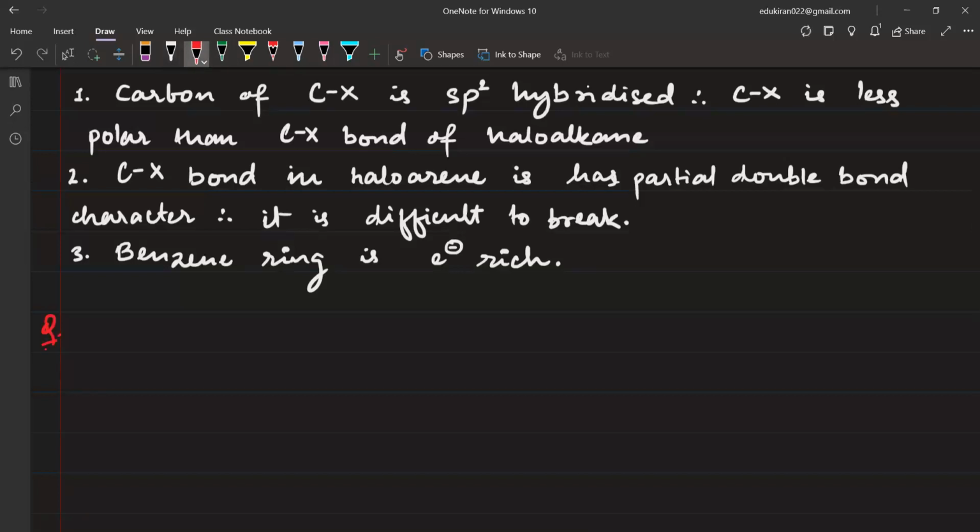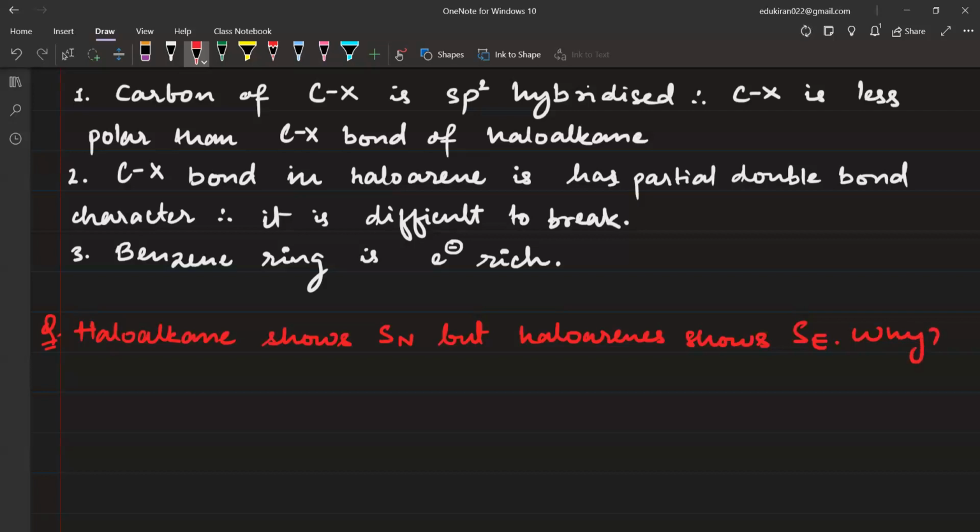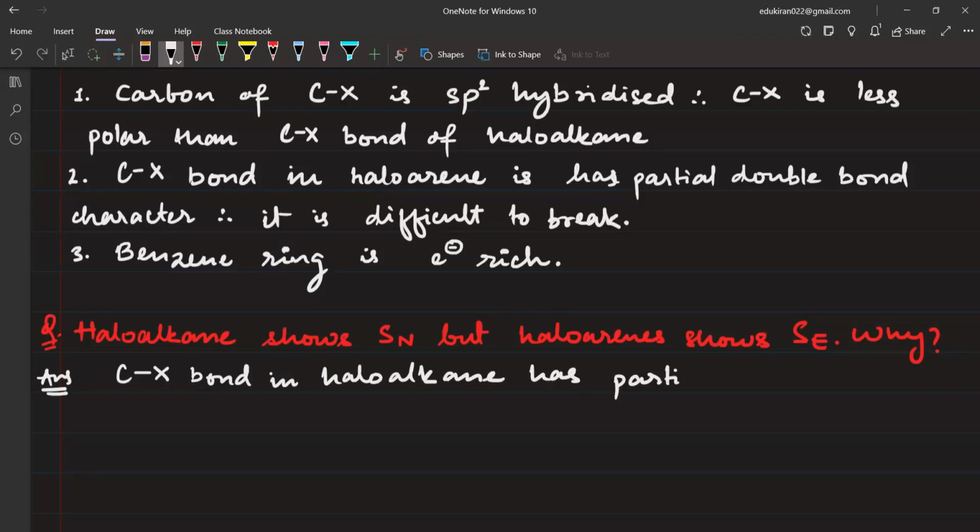There is a question that can be framed from these things: haloalkane shows SN, but haloarenes show SE. Why? The simple answer is, please see, the CX bond in haloalkane has partial positive charge.